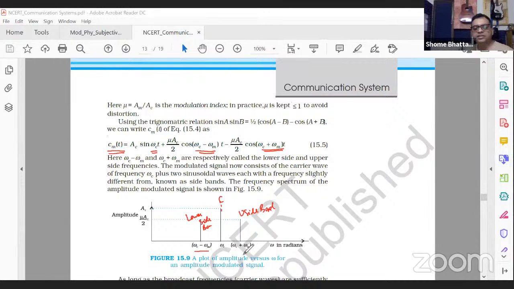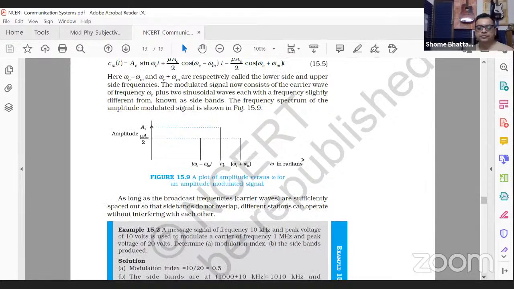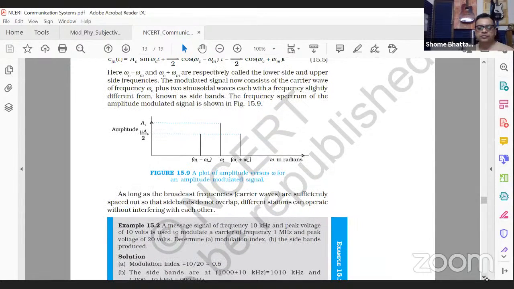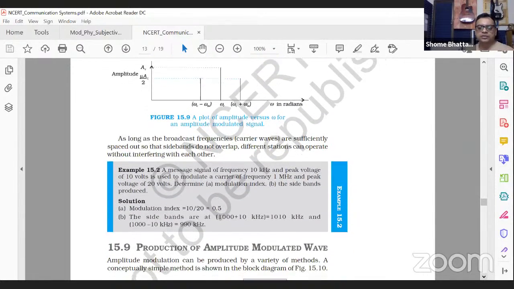Generally questions are asked just about this, the values of the upper sideband and the lower sideband. So this type of questions.